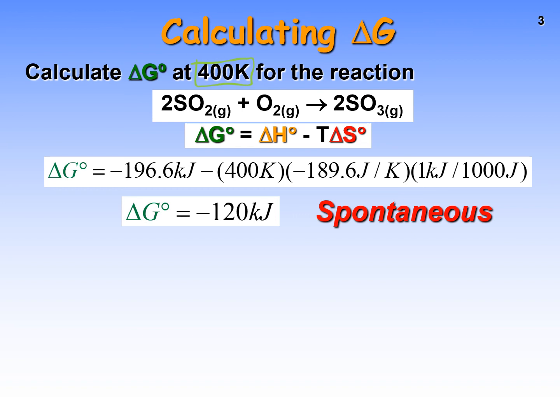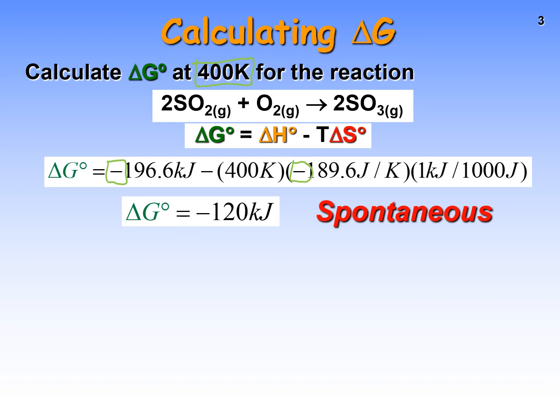We just calculated that. But what if we change the temperature? Maybe it won't be as spontaneous, or it might not be spontaneous at some point. Remember that when both delta H and delta S are negative, there will be a temperature at which it flips from being spontaneous to being non-spontaneous.